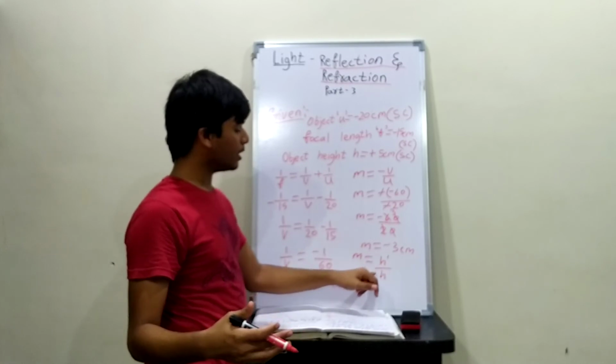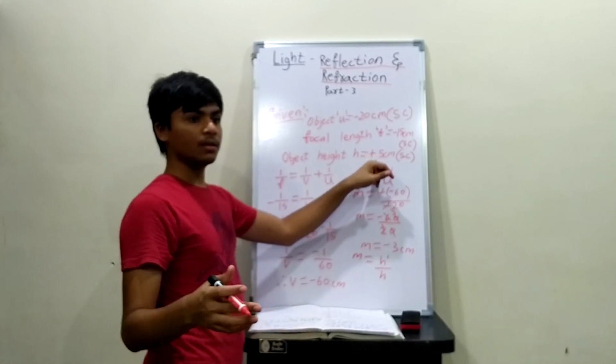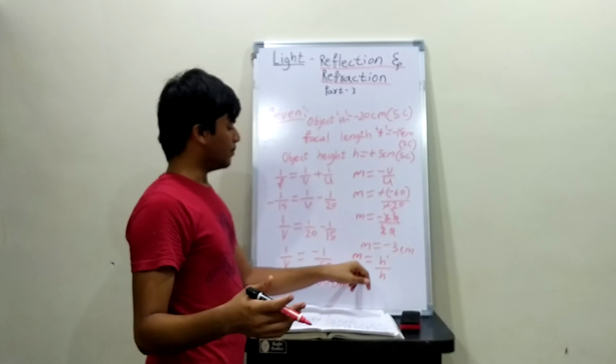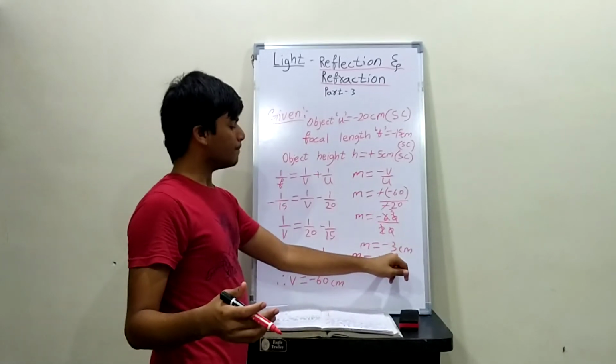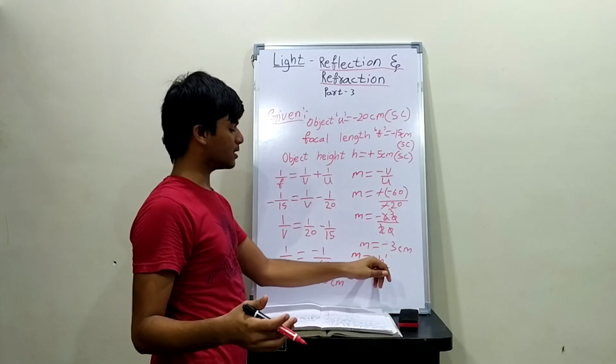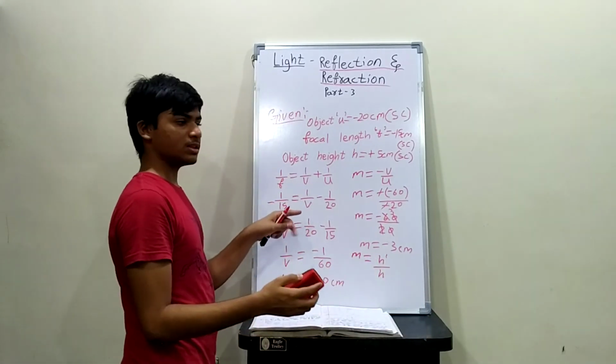Now we have the height here, that is positive 5 centimeter. That is the size of the object, and the magnification we already found here. Now by using this value and this value, we have to find the h dash value. So I'll erase this because I don't have enough space here.